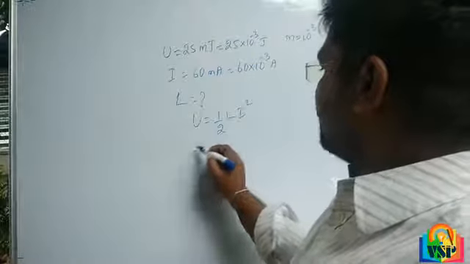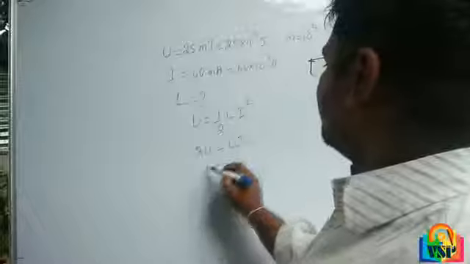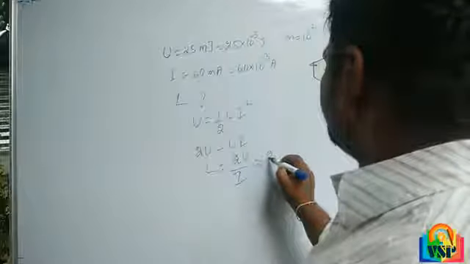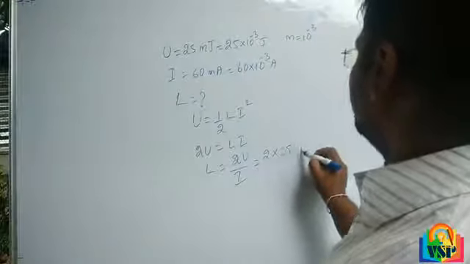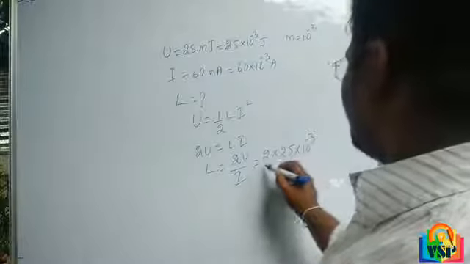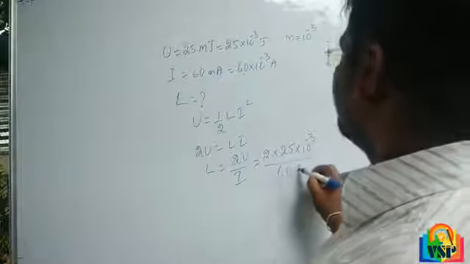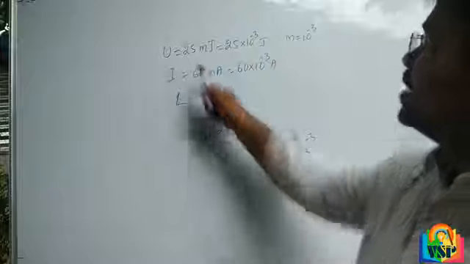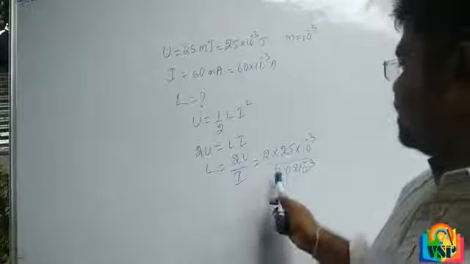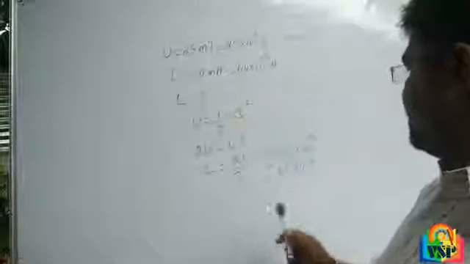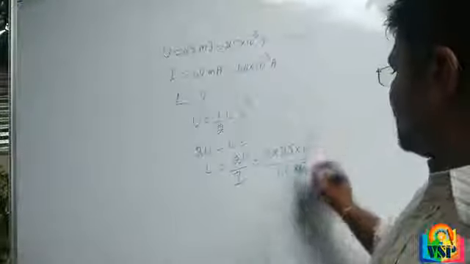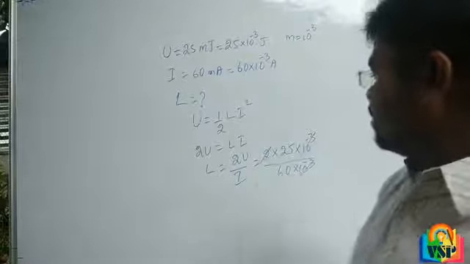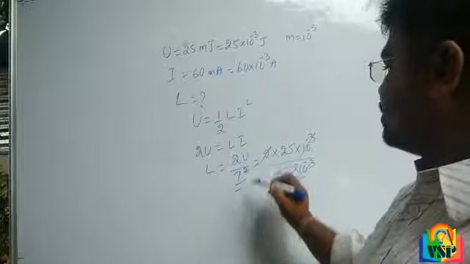Then L is equal to 2U by I square. Sorry, here I square is there. So 2 into 25 into 10 power minus 3 divided by 60 into 10 power minus 3 whole square. 2 is a number, U is energy, 25 into 10 power minus 3, by current I square. The 10 power minus 3 gets cancelled.